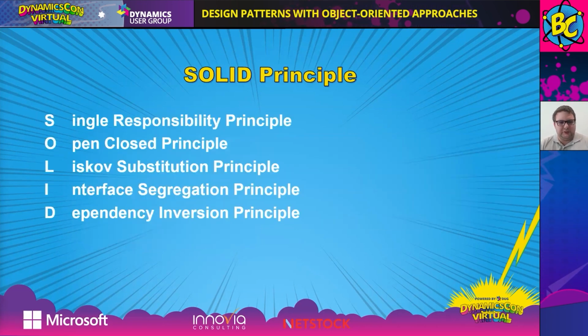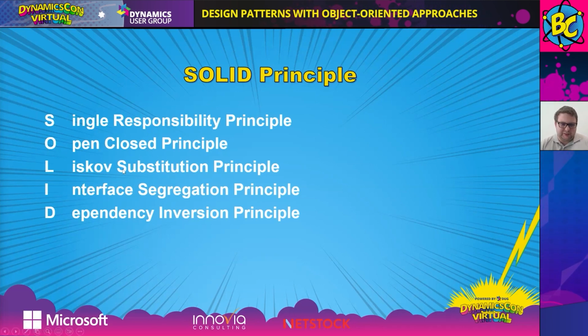But now I want to talk a little bit about the SOLID principle first, because I will reference it later a little bit in my patterns. SOLID stands for single responsibility principle. This means every class or every codeunit or every object has just one responsibility. Open-closed principle means that every class or codeunit or object should be open for enhancement, but closed for modifications.